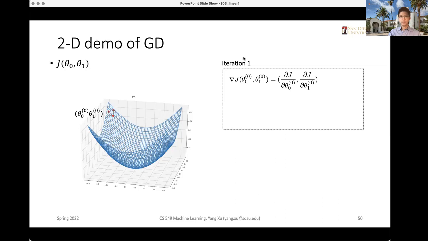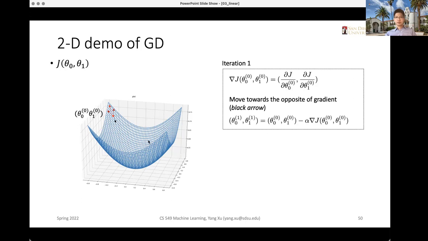The two directions here point along the gradient direction, and if we combine the two vectors, it's actually pointing along that red arrow in the middle. So we should move against the gradients, following the black arrow, and update the parameters. In this form of equation, we use a vector minus another vector.